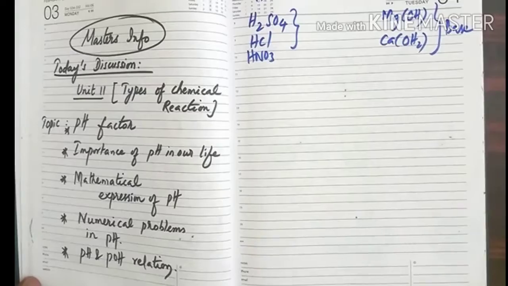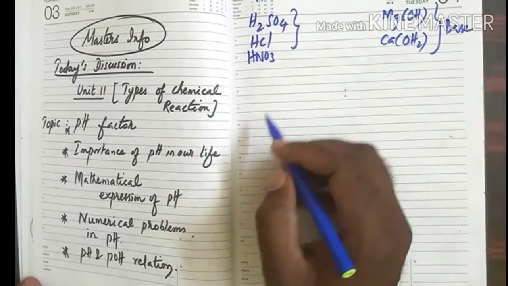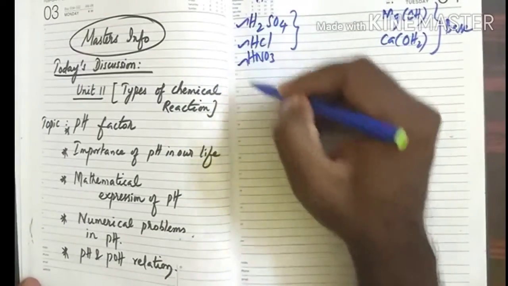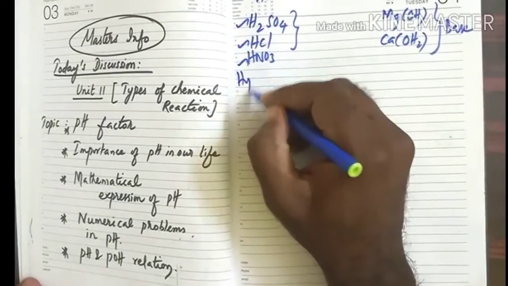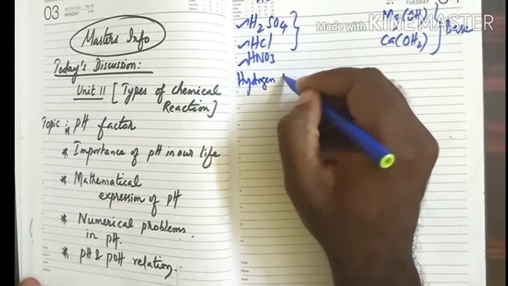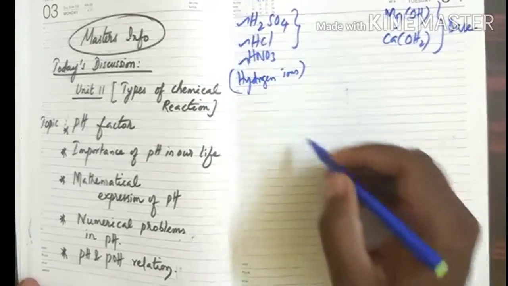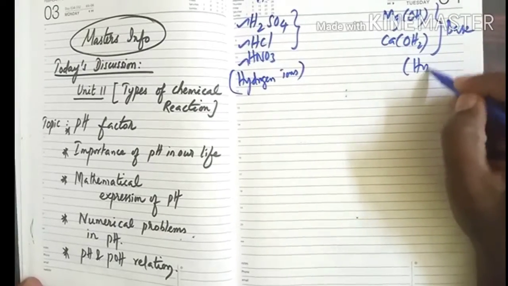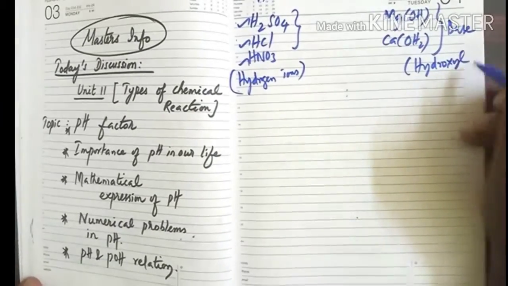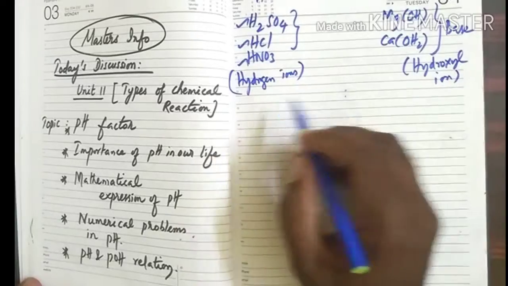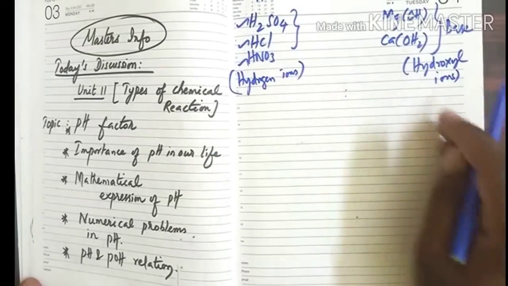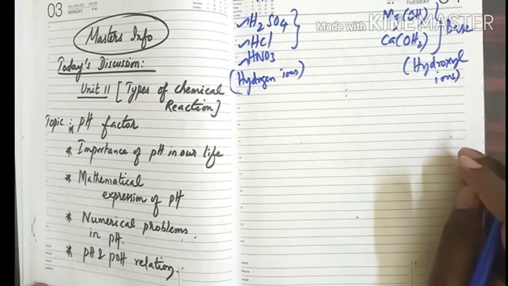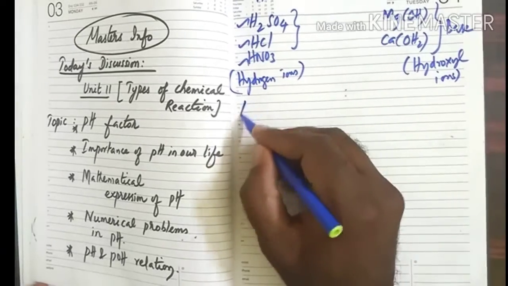How did I say it easily? Based on one important factor, that is hydrogen. This contains hydrogen ions and this contains hydroxyl ions. So based on the hydrogen ions and hydroxyl ions, acids and bases are identified. Let me give the definition of acid.